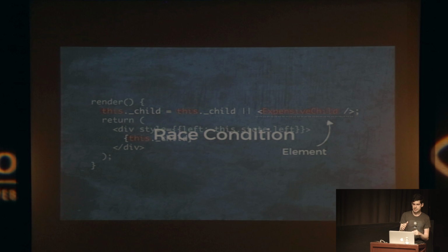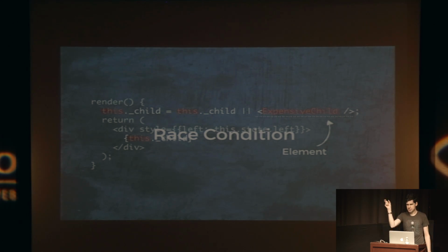And so now if you look at this technique, what we are trying to do is say to React, I don't want you to control the diff algorithm. I know better than you. I want to do my own thing. And so when you think about it, the only thing that we want to change here is the left attribute. We don't want to re-render the entire component and the children.